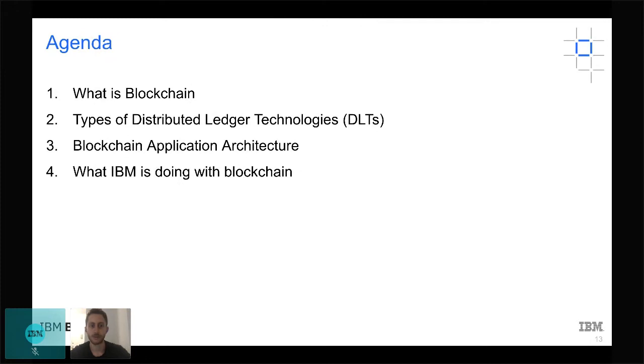Then we'll go a little bit into a high-level view of what the architecture of a blockchain application looks like. I'll end my talk around what IBM is doing in blockchain, how we're helping developers make it easier to create and build their applications and solutions, and hopefully give you a little understanding of where we are in our journey.